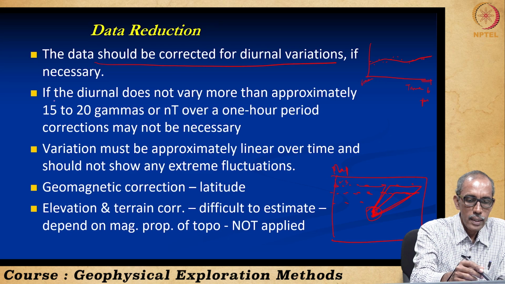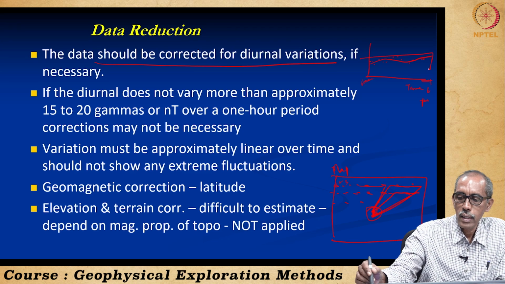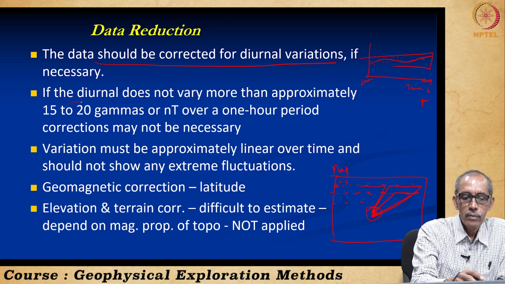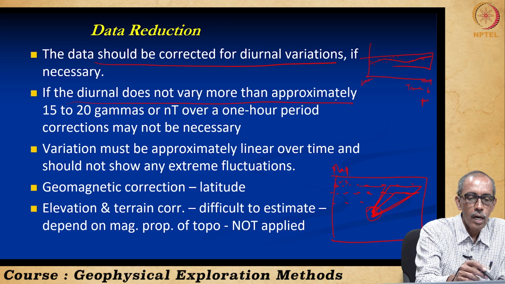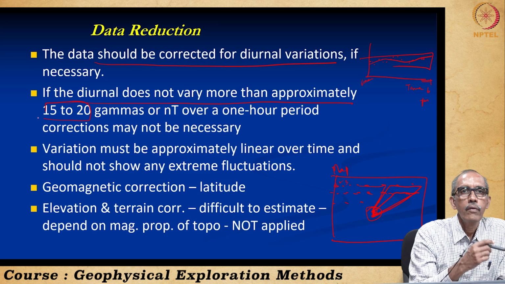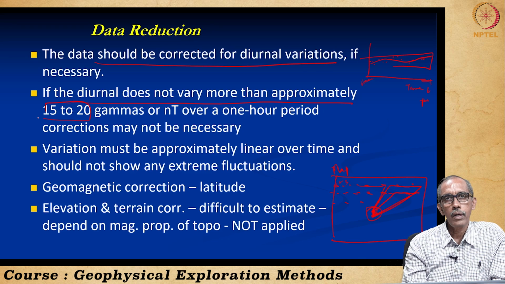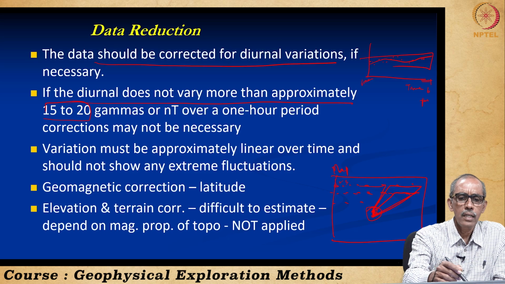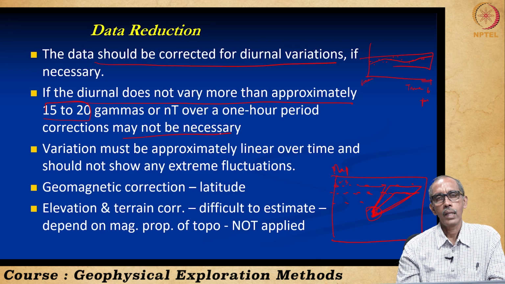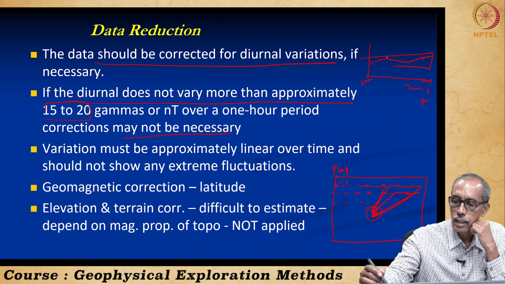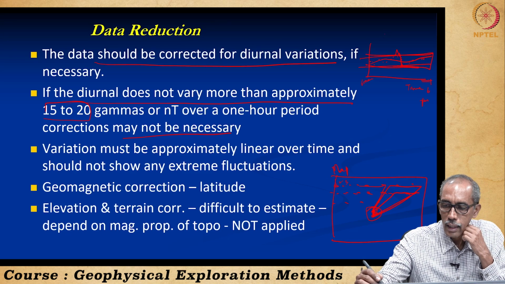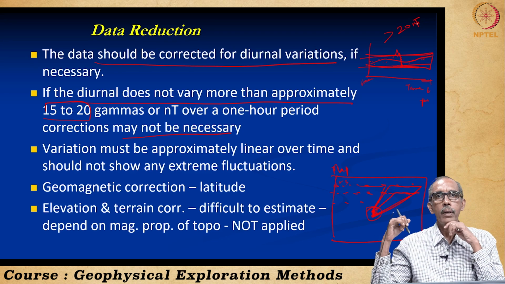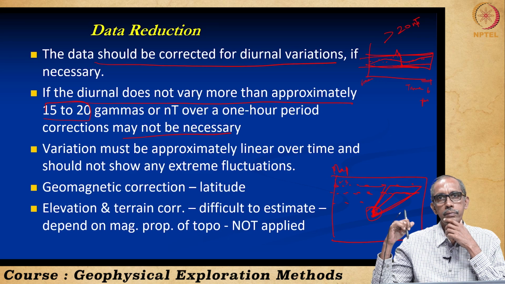If the variation within a day is not more than 15 to 20 gammas or nanotesla over an hour, then we need not apply diurnal correction. When the variation in the diurnal curve which we have prepared is greater than 20 nanotesla, then we need to apply diurnal correction.